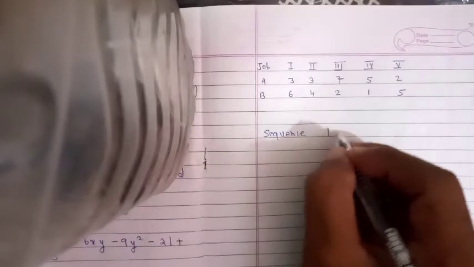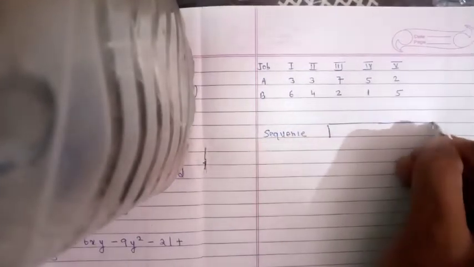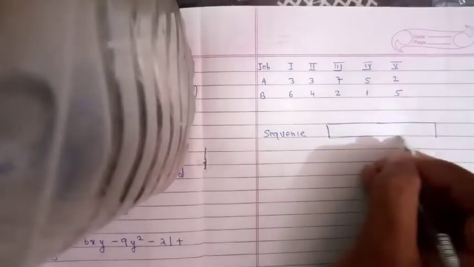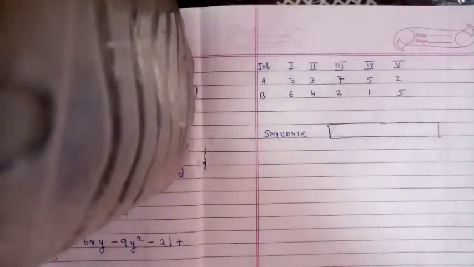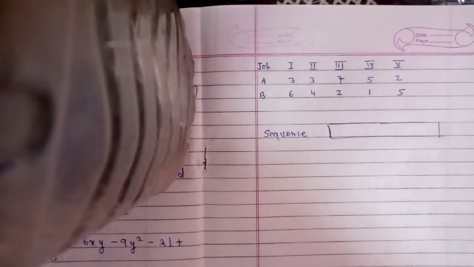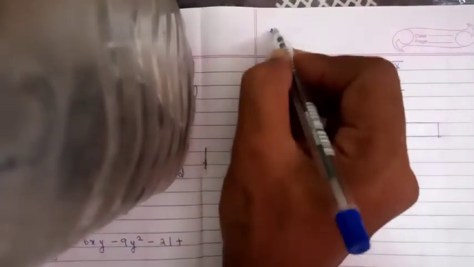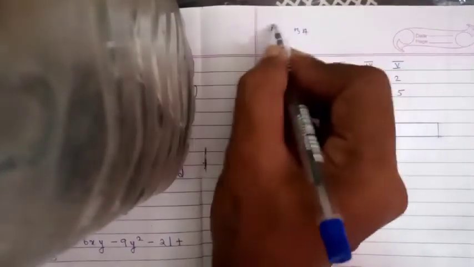The sequence will tell you which job you have to perform first. The order of the sequence is already specified in the question, that is, whether we first perform the job on machine A or machine B. Sometimes they write AB and sometimes BA, that is already specified.